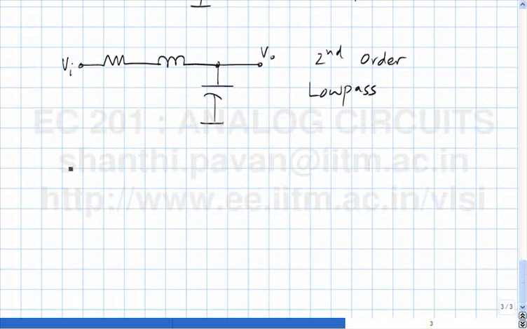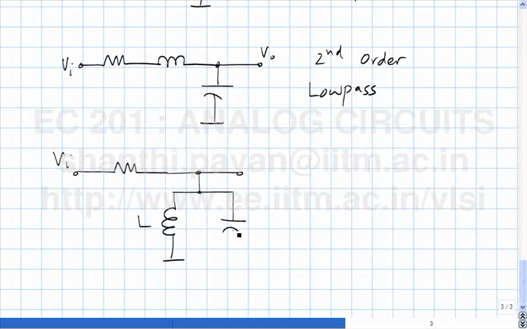Now, if I wanted a second order band pass filter, what should I do? This is L, this is C, and clearly this is the second order. And why is this band pass?